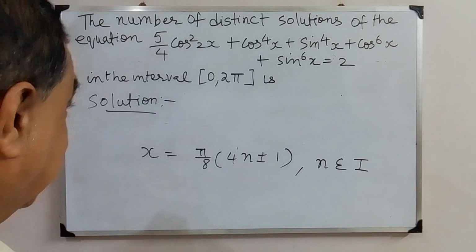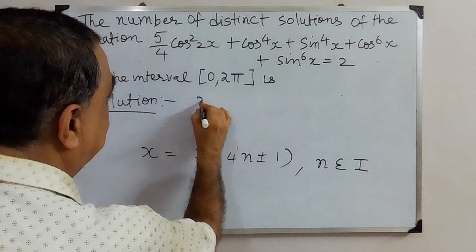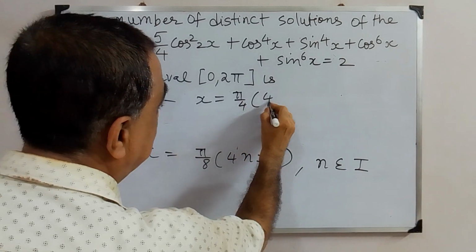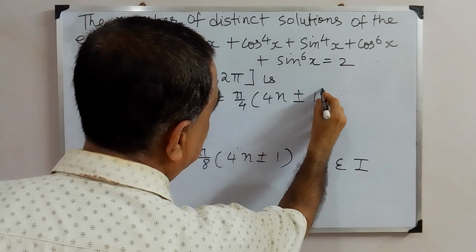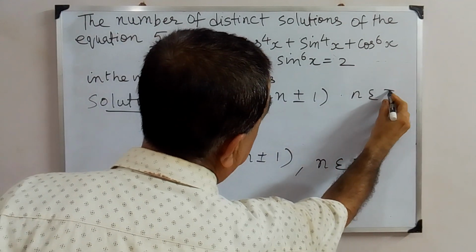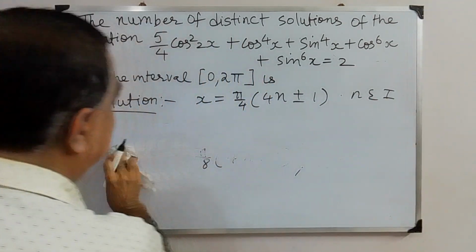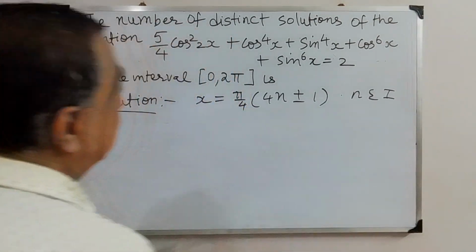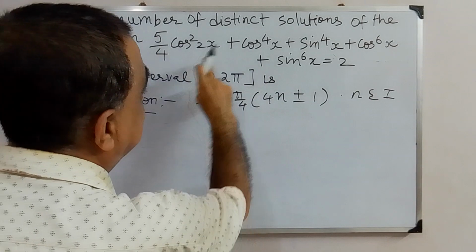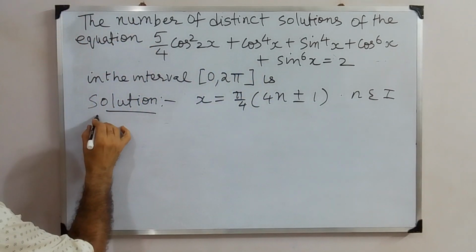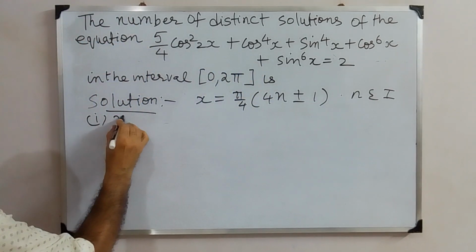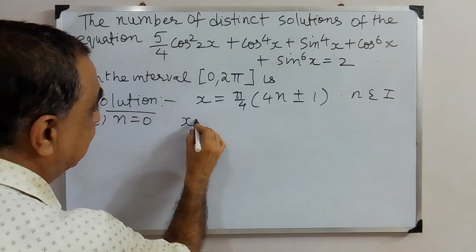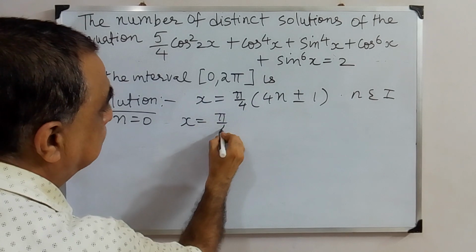So this is the relation I am writing here at the top: x value is pi by 8 into 4n plus minus 1, and n is an element of integers. Now we will find out the values of x by putting different integers, and the value of x should be within this range. So let us now first put n equal to 0. So here x is equal to pi by 8.